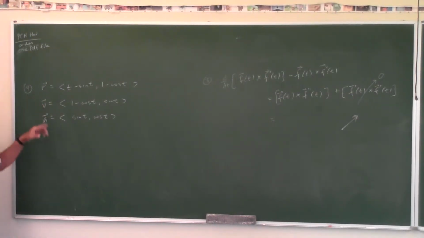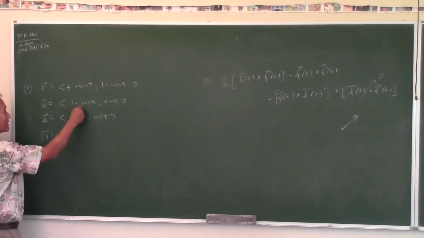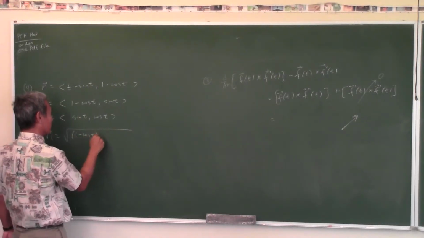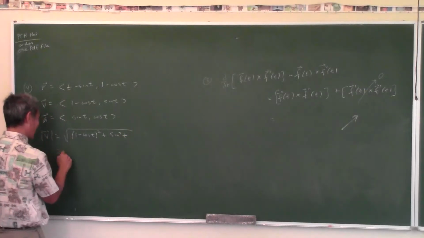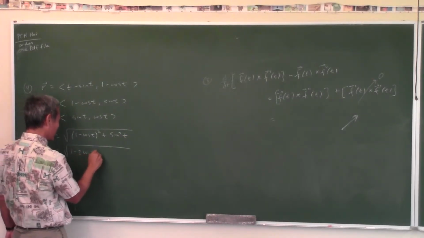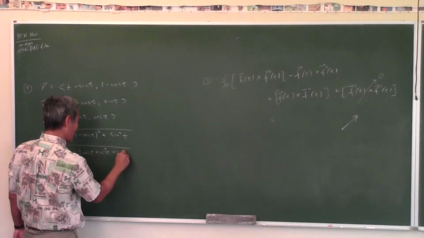Okay, here's the velocity vector. What is the magnitude of the velocity vector? How do you find the magnitude of a vector? The square root of the x component squared plus the y component squared. Let's simplify this: 1 minus 2 cosine t plus cosine squared t plus sine squared t.